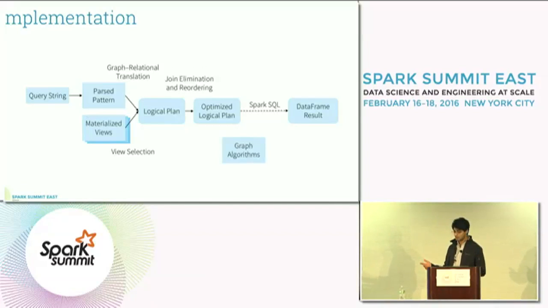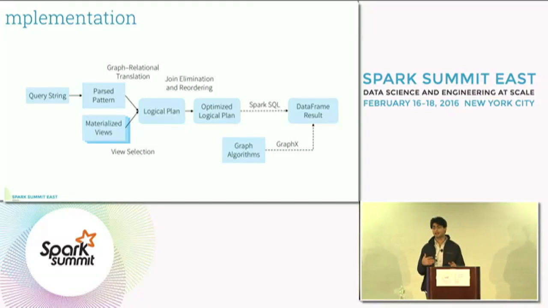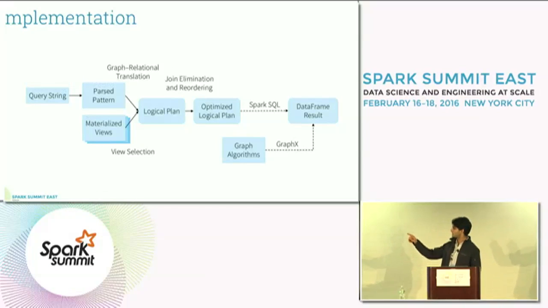For graph algorithms, the simplest ones can actually go through a similar pipeline, but for now, a lot of the other ones we call out to GraphX and then convert the result back into a data frame. That lets us reuse the existing algorithms that GraphX has, and lets there be some degree of interoperability here. Okay, so next I'll go into detail on a few of these stages, the three that are labeled here.